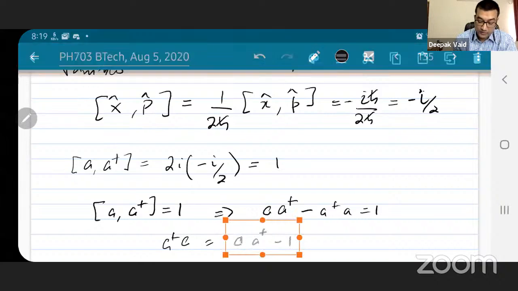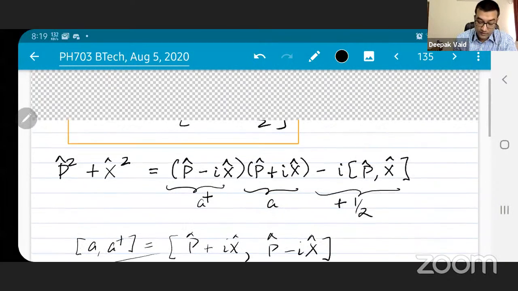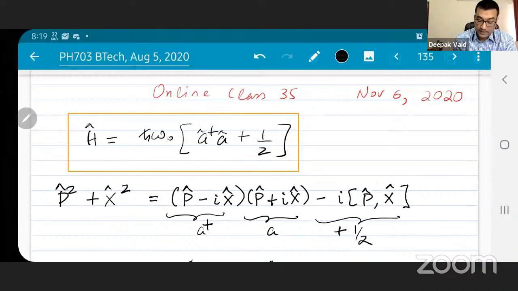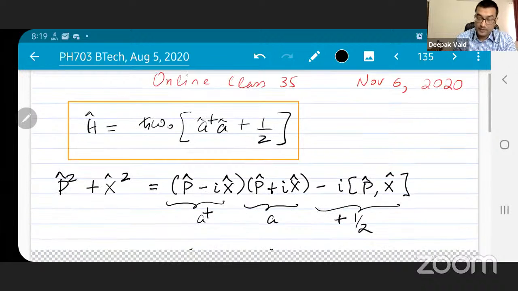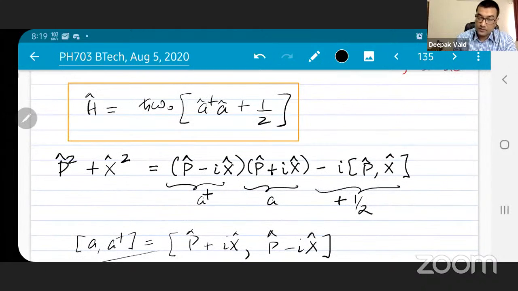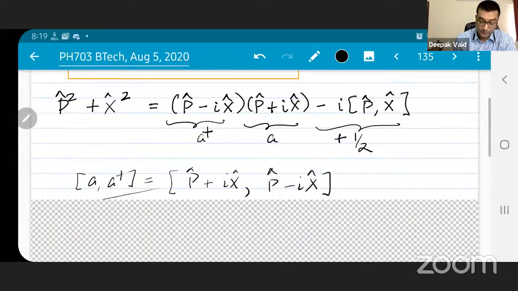So if I substitute this expression in here, I'll get a dagger a plus 1/2, right? So I can write the Hamiltonian in that way also.